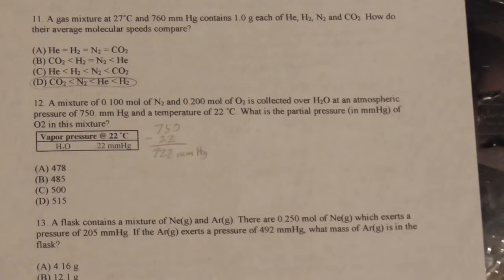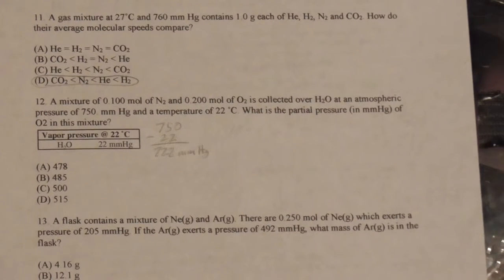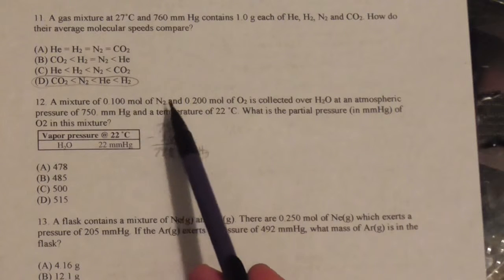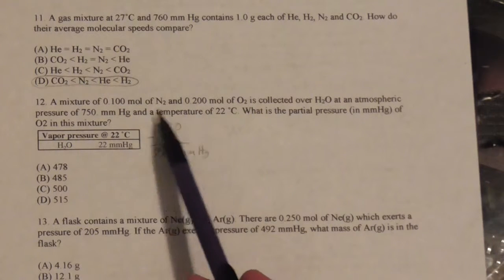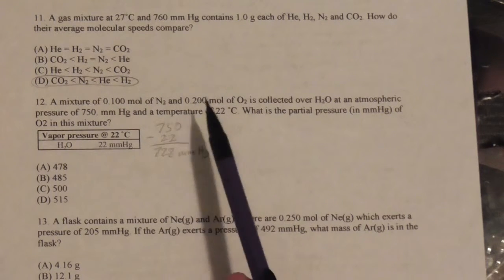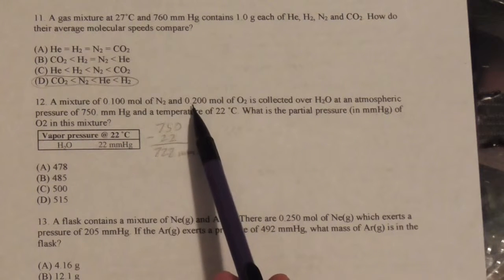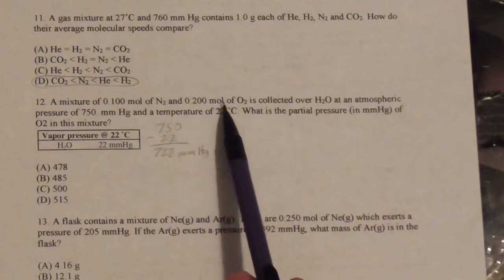Now, something I didn't really discuss a great deal is called mole fraction. I have a total number of moles of 0.100 plus 0.200. That's a total of 0.300 moles of gas. Out of that, 0.200 moles is oxygen.